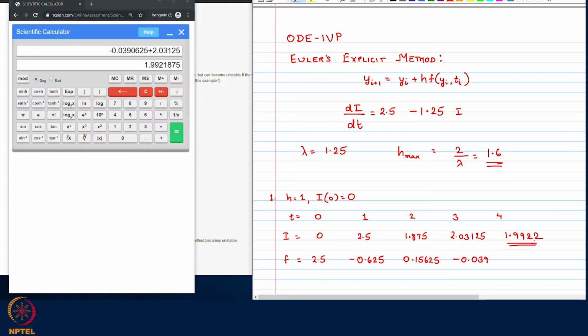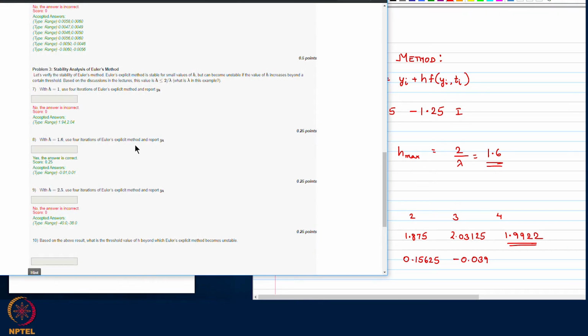So that is the value of I that you get at the end of the fourth step. 1.9922 lies between 1.94 and 2.04, so that is the value of y4.